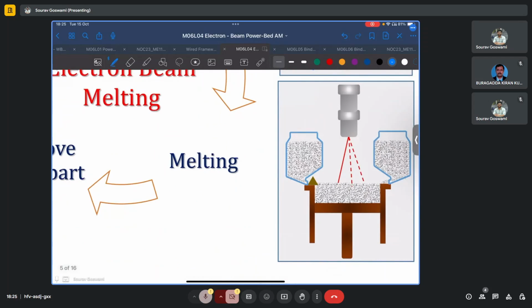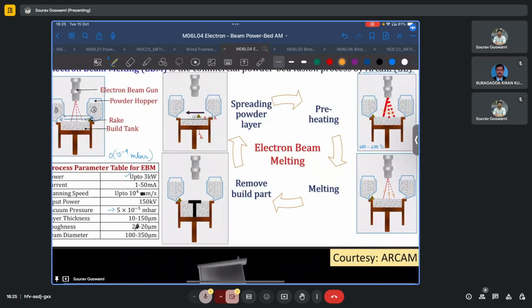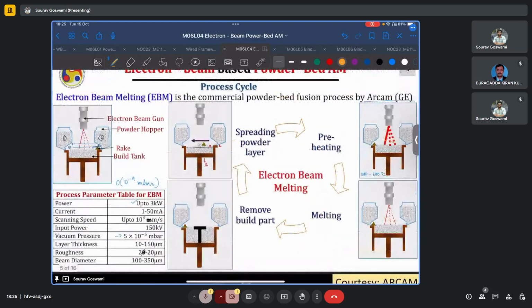After preheating, a fine beam, as we can see here, is used to scan the build region over the regions of interest, and this will selectively melt the powder in the regions required.